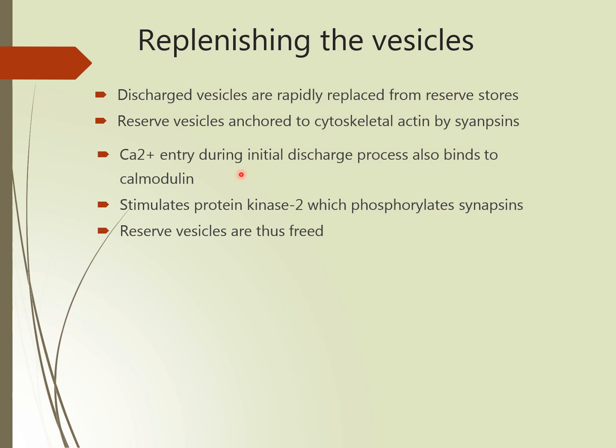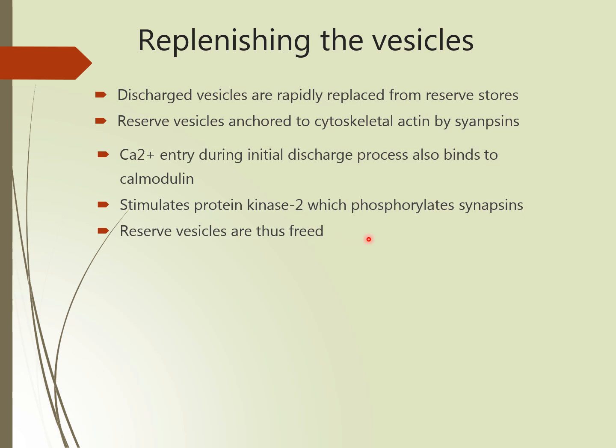Calcium entry during the initial discharge process binds to calmodulin, which stimulates protein kinase 2, which phosphorylates synapsin, and thus the reserve vesicles are freed. So when calcium enters the presynaptic neuron, it binds to calmodulin, which further stimulates protein kinase 2, phosphorylating the synapsin.